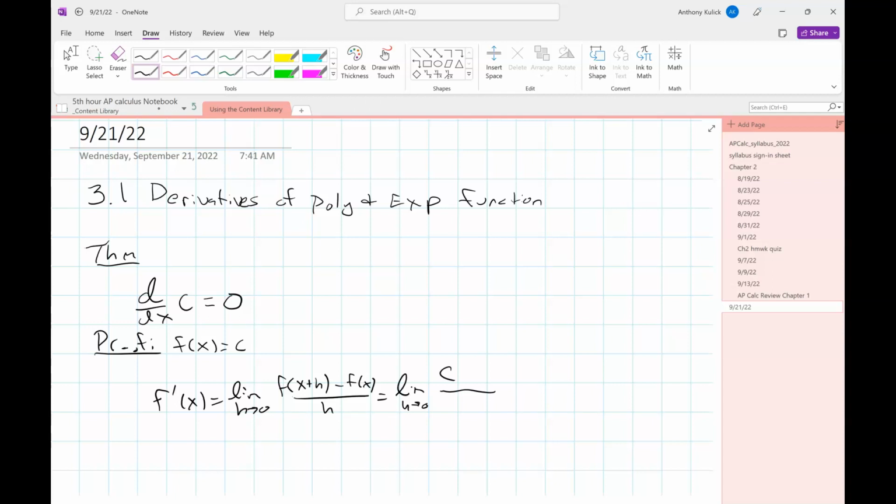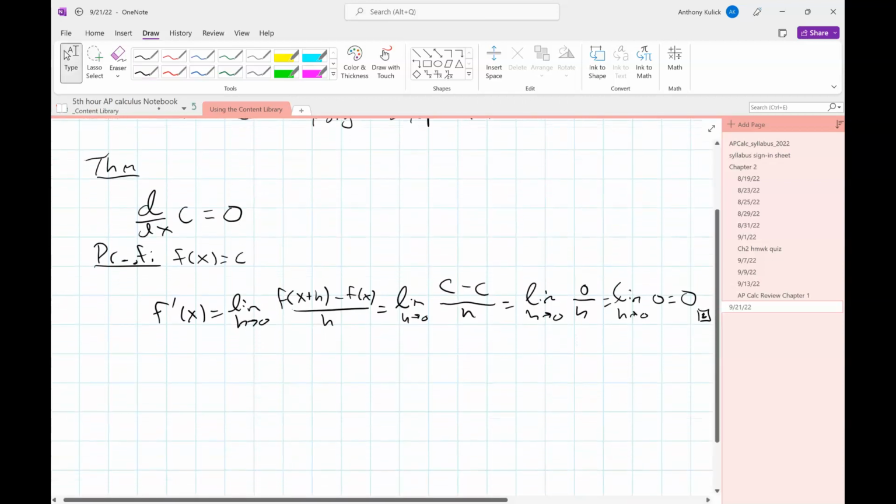C. And what's f of x? C. C minus c is 0. 0 over h is 0. And then the limit of a constant is just the constant. Proof done. Yay!